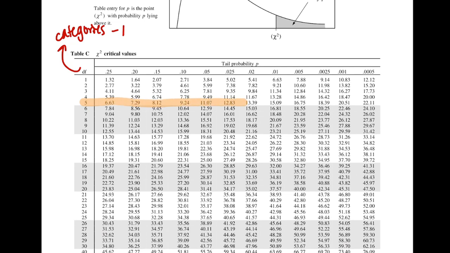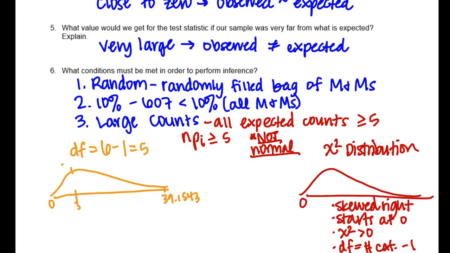In this row, we got a chi-square of 39, and this is after 0.0005. So that means that our p-value for this problem is less than 0.0005 from the table. That's all I can get from the table.